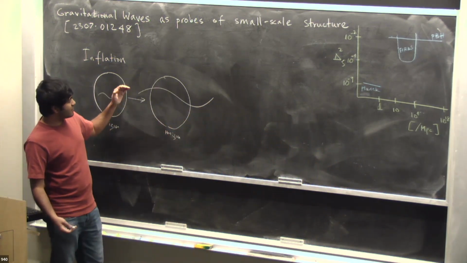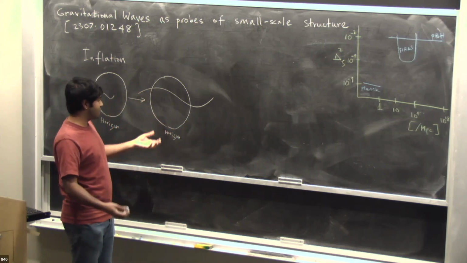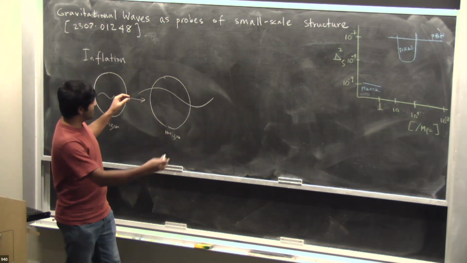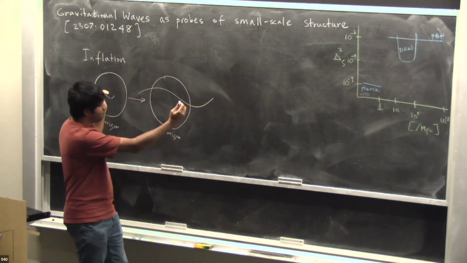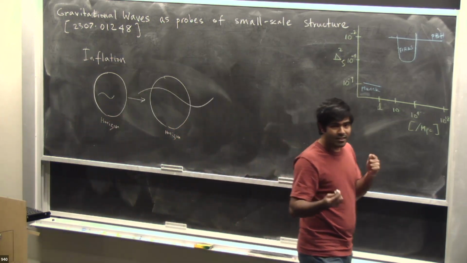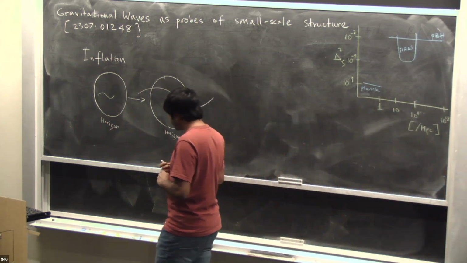And eventually, after inflation ends, after you get into the radiation or matter-dominated era, the horizon size changes in a way such that these modes become smaller in size compared to the horizon size, and that's when they can again seed density perturbations that we see in the CMB and large scale structure.